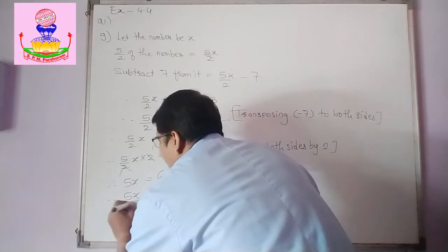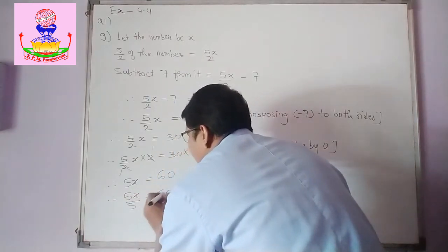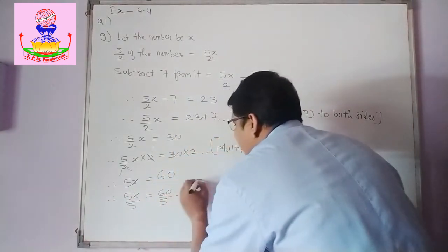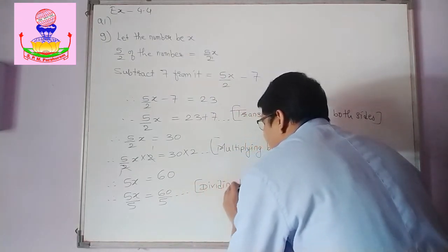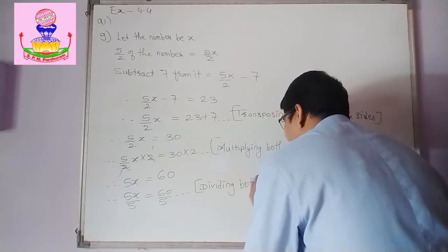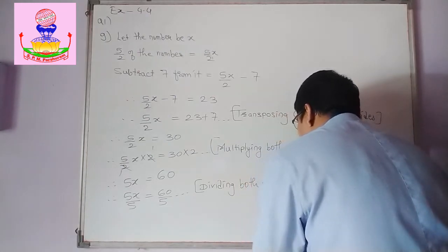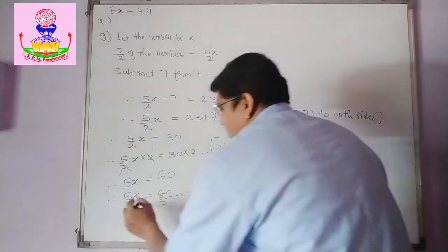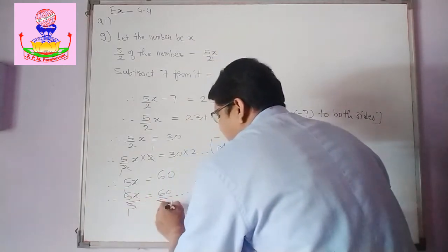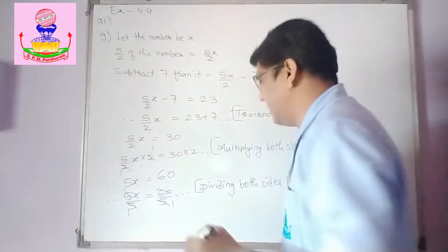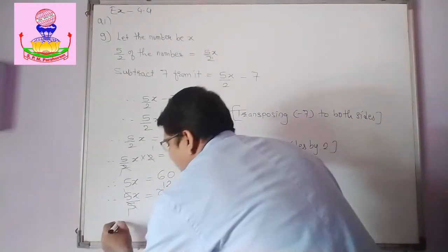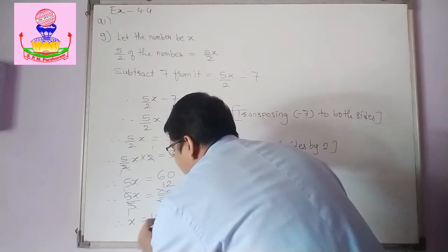So therefore 5x upon 5, that is equal to 60 upon 5. What you did? Yes, dividing both sides by 5. Right? So 5 ones are 5. How many are 60? I know the tables. 5 12s are 60. Right? So therefore x is equal to 12.